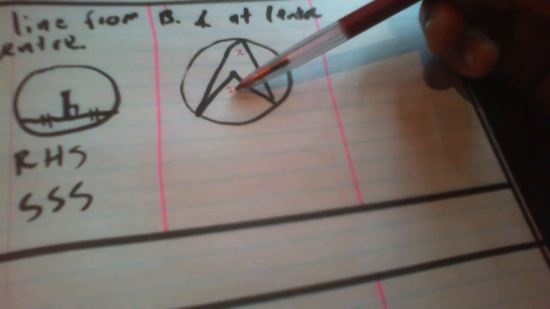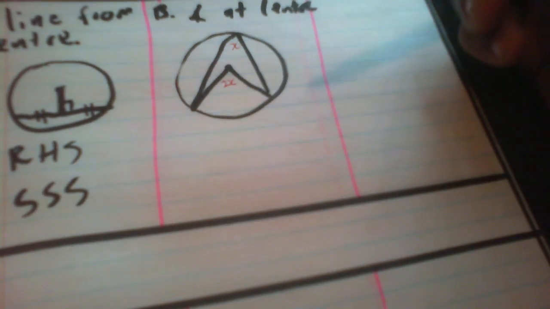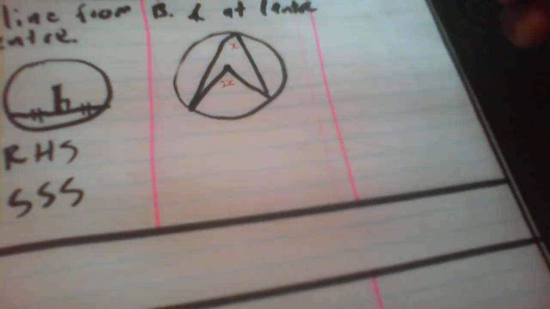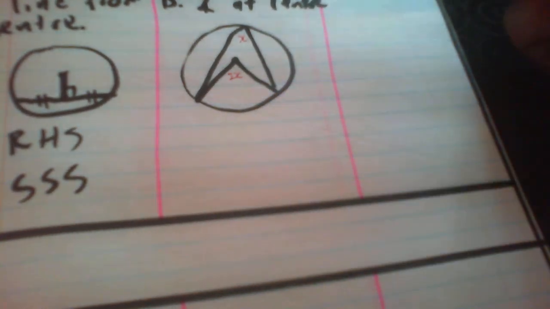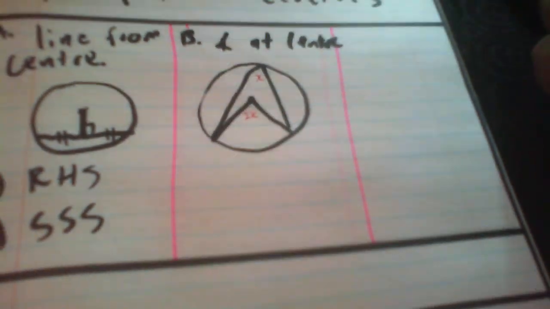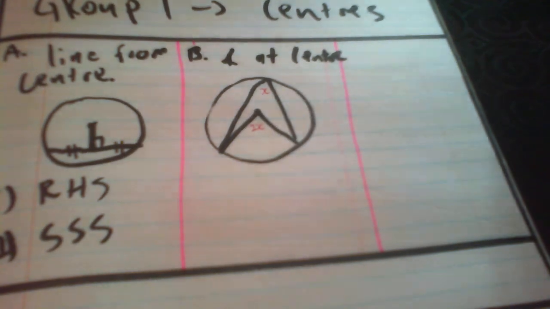So if this angle is 2x, that will become 2x. This angle is 10, this would become 20. Okay. If this angle is 50, this would become 100. Now this one you are also required to prove in an exam situation. We'll do also when we are doing the proof of the first theorem in group 1. We'll also do that proof.